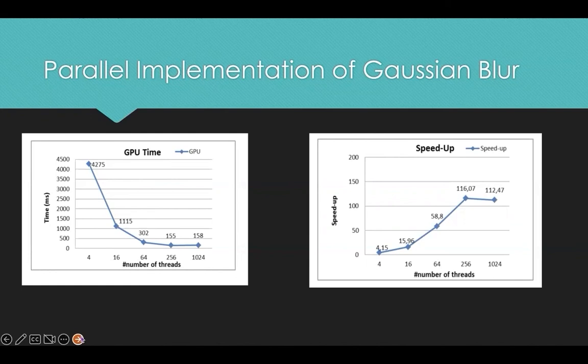In the first image, you can see that the time is significantly reduced in the parallel implementation. And in the second image, you can see that the speed up has significantly gone up. That means our algorithm has sped up quite a bit when we use the parallel implementation of this algorithm.